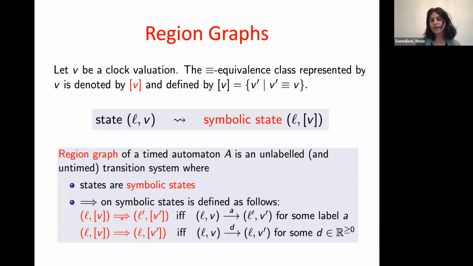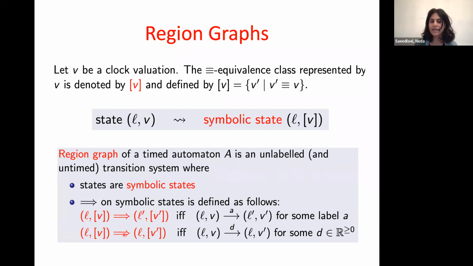Observe that in these transitions, we no longer have any labels, because the time constraints are already captured in my regions, because every region captures all those clock valuations that satisfy some time constraints. So I no longer have to concern myself with time delays.